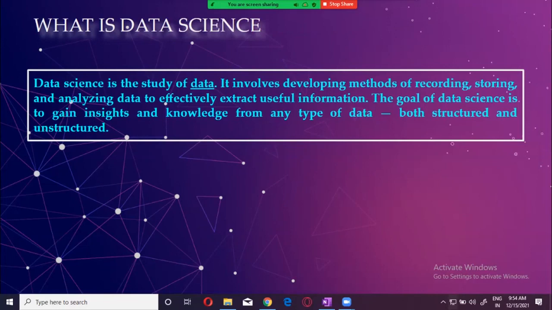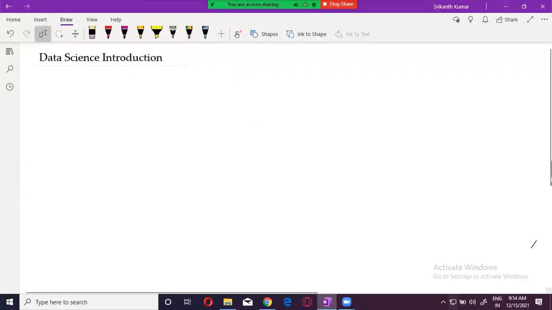Now, what does data science mean? If you want me to explain it, when you look at data science, it is a combination of two words. What are those? Data and science. I will take it as data plus science, right?